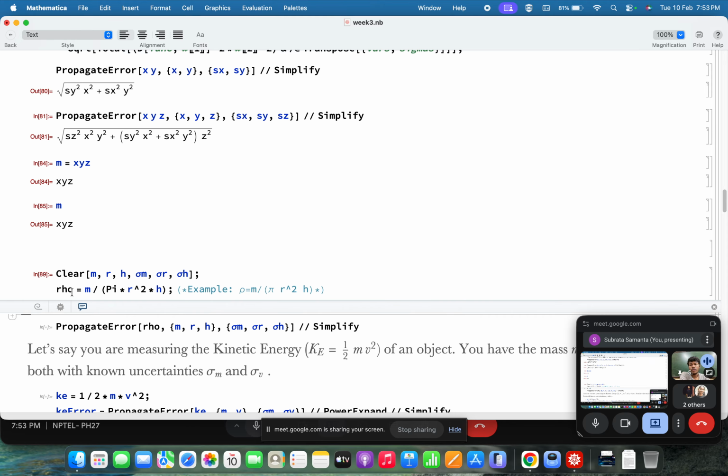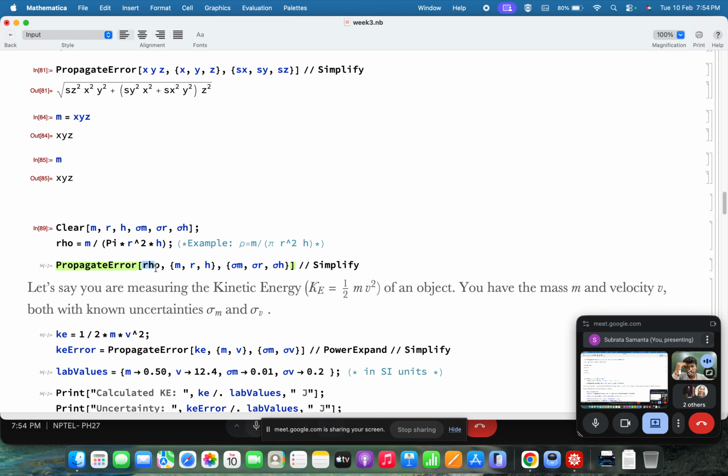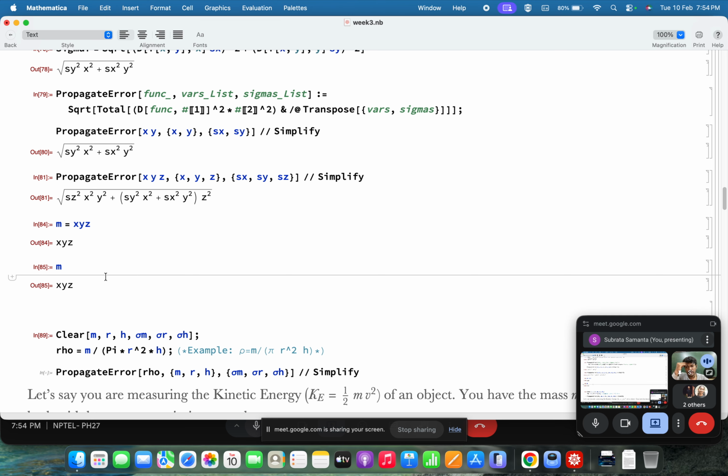Now I define rho equals m over pi r square h. This is the formula of density, mass over volume. I calculate the propagate error of rho, where this is my function f.